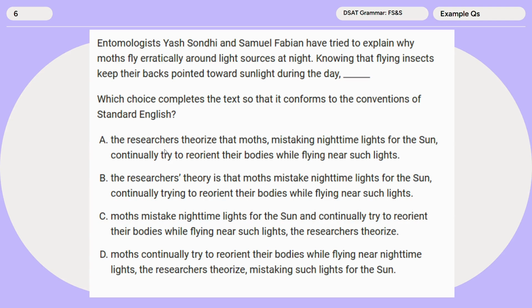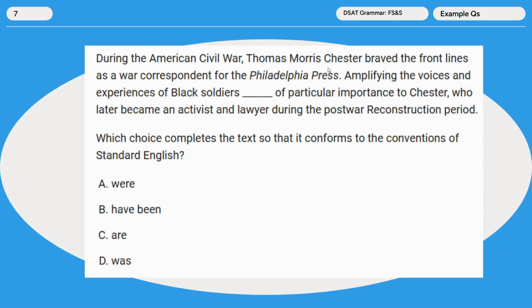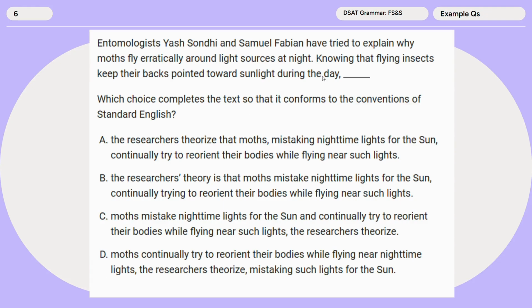So whatever noun comes next in these sentences has to be the subject that is doing the knowing. In this case, let's look at A. The first noun that comes after is the researchers. So this tells us that the researchers know that flying insects, blah, blah, blah. So let's keep A. That sounds good. Let's look at B. Can a theory know that flying insects keep their backs pointed?